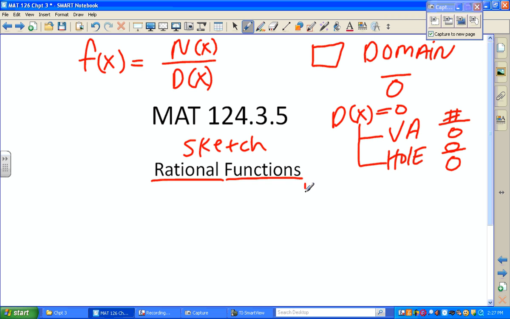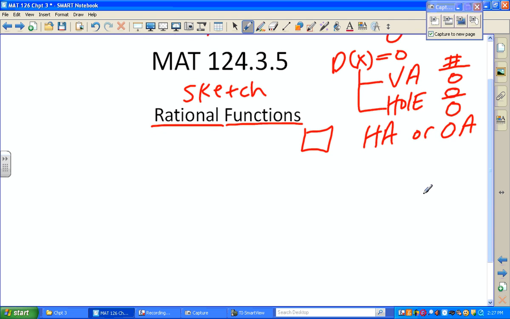Next, on your little checklist, horizontal or oblique asymptotes. I think I'll break this up into 2 days. Oblique asymptotes, we'll talk about tomorrow. Horizontal asymptotes, we'll talk about today. At the numerator, you remember all polynomials have what?